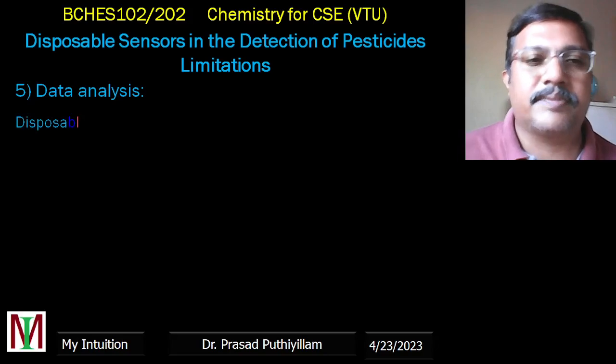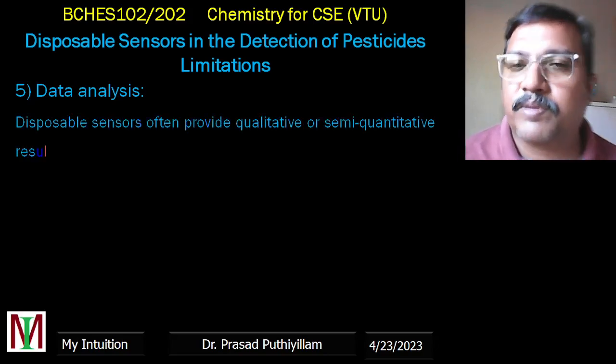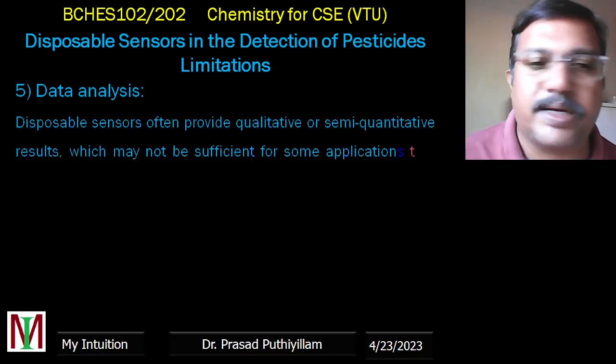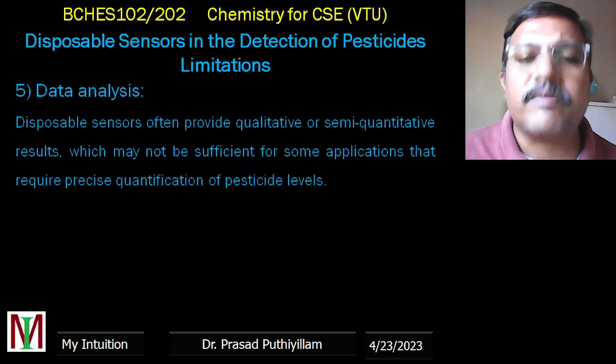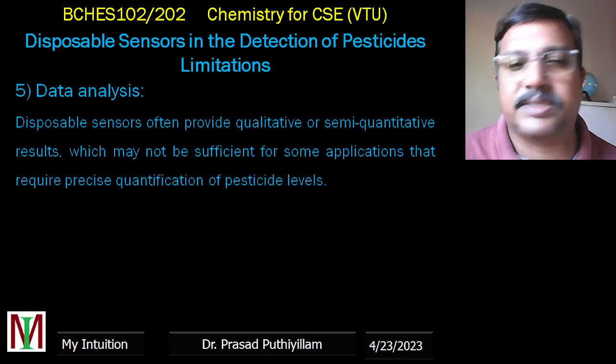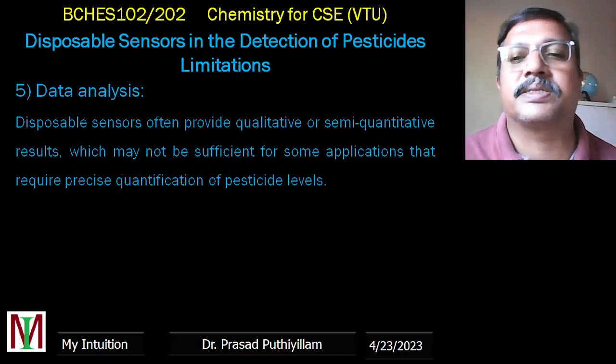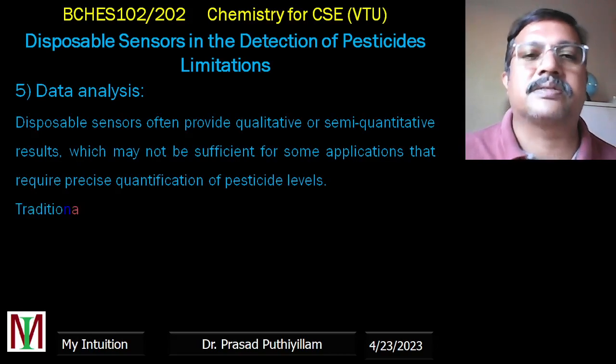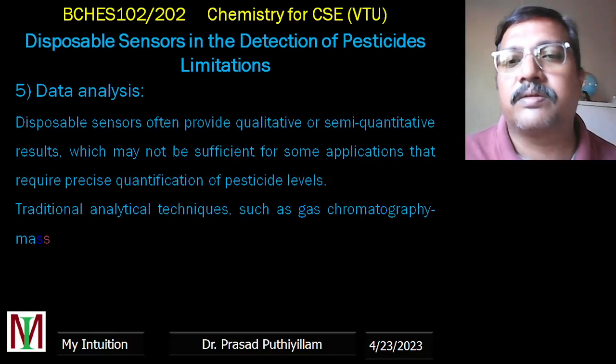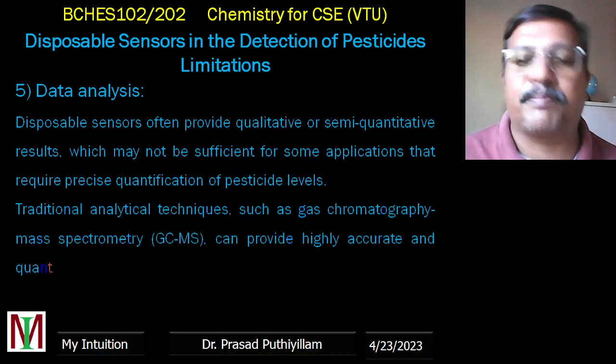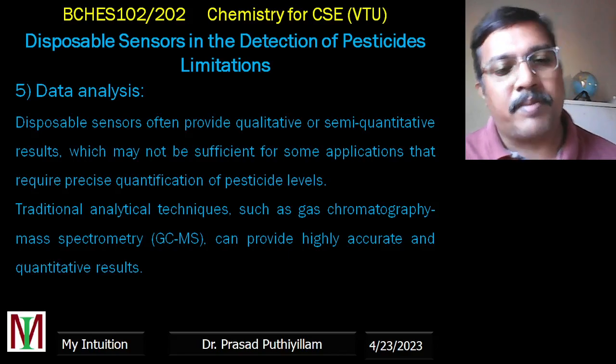Data analysis: disposable sensors often provide qualitative or semi-quantitative results, which may not be sufficient for some applications that require precise quantification of pesticide level. So data analysis is one of the issues which still has to be tackled, compared to gas chromatography or mass spectroscopy.